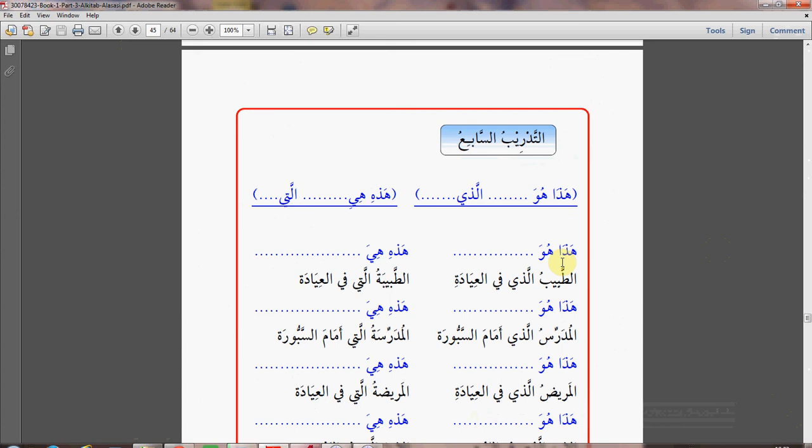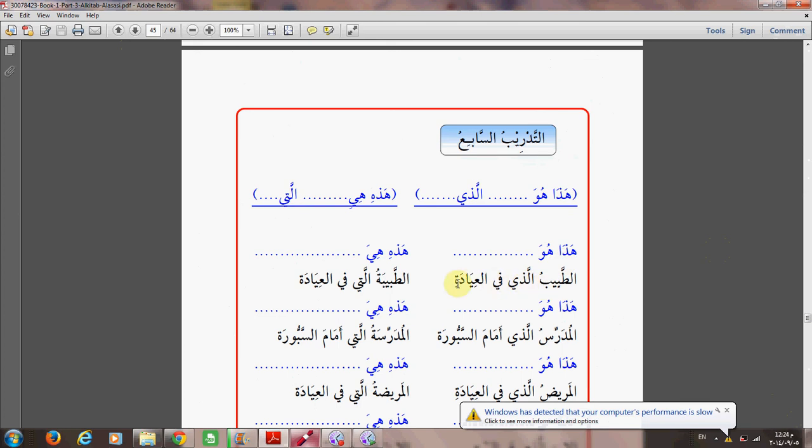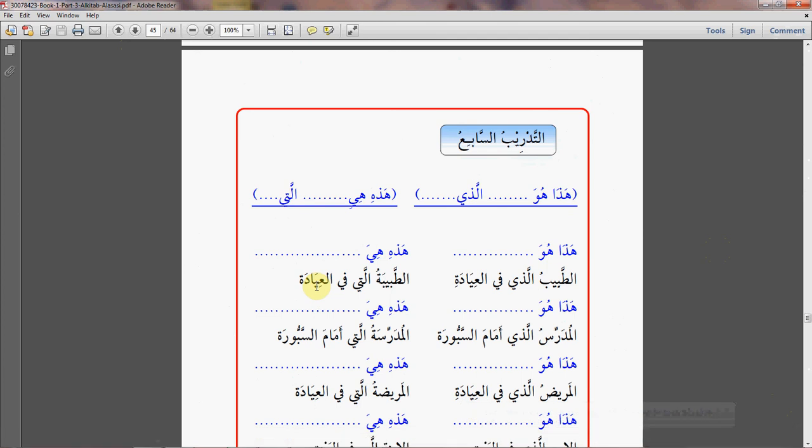هذا هو الطبيب الذي في العيادة. هذه هي الطبيبة التي في العيادة. Could you see the changes that happen? You can consider many changes when you convert a sentence from مذكر to مؤنث.